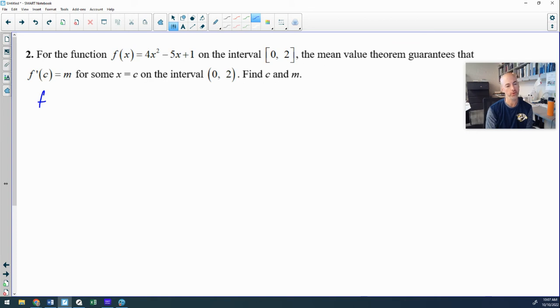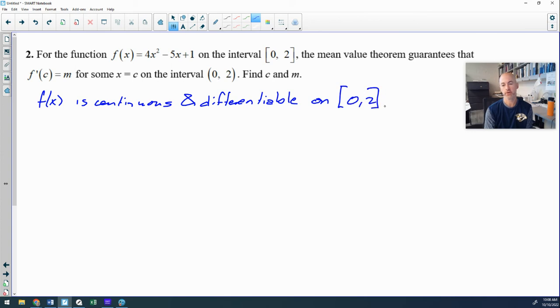So I'm going to declare that f of x is indeed continuous and differentiable. And I'm going to make one tiny tweak here. On the previous problem, I said continuous and differentiable for all real numbers, but in the context of this problem, I'm really only interested in what's happening on the interval 0 to 2. So we are continuous and differentiable on 0 to 2.